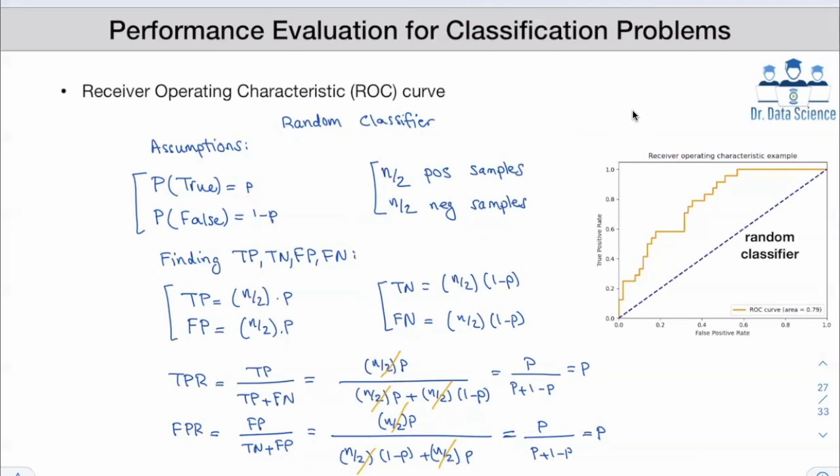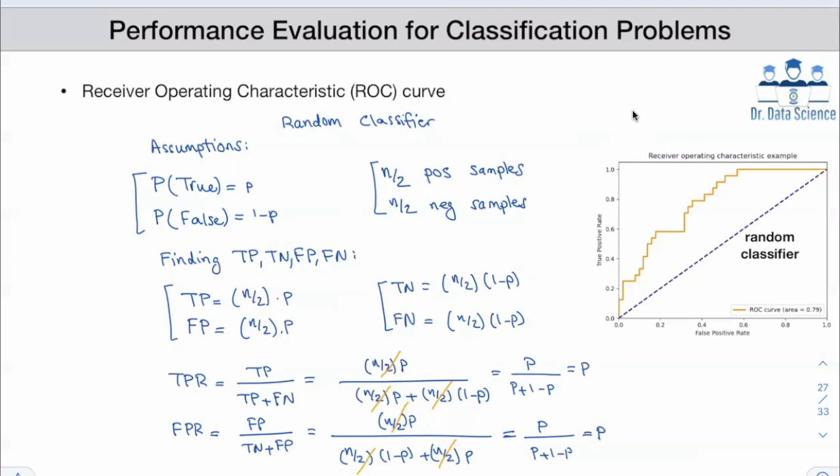So this means that if, for example, the probability that the random classifier assigns positive labels is equal to 0, then the true positive rate is 0 and the false positive rate is 0, because you never predict anything as positive. And on the other hand, if our random classifier assigns probability p equals 1, meaning that it labels everything as positive, then the true positive rate is 1, but the false positive rate is 1 as well, which is not ideal.